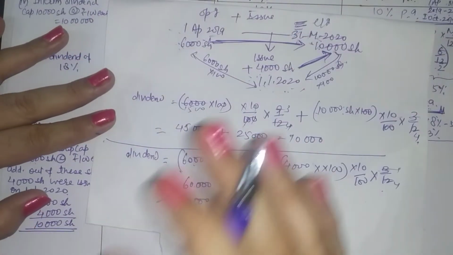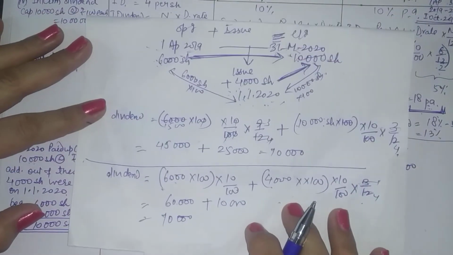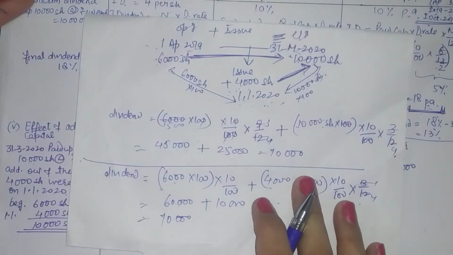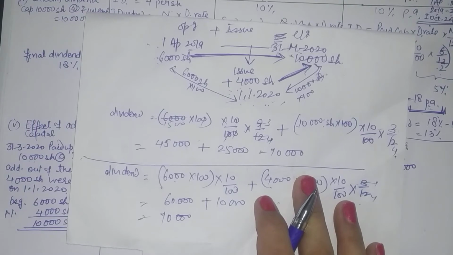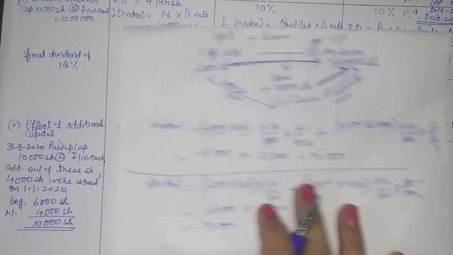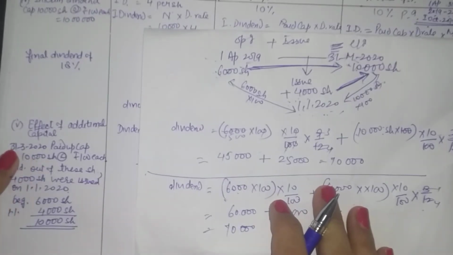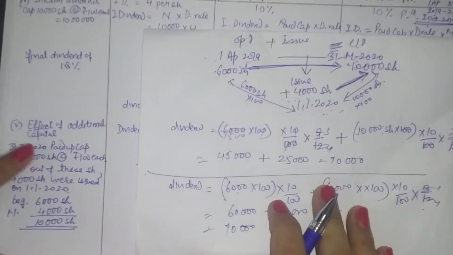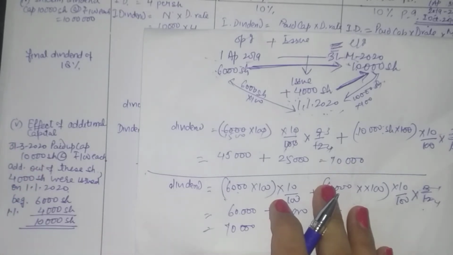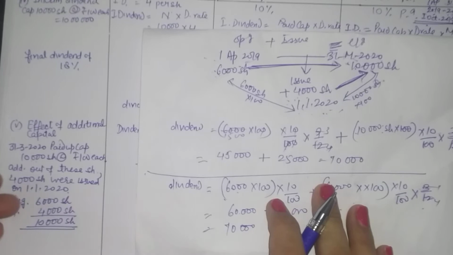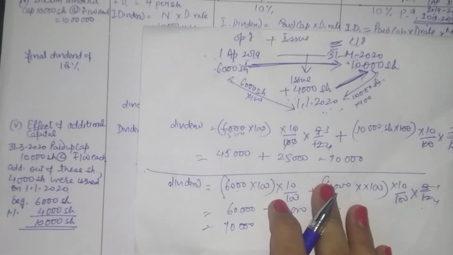Another benefit of making a timeline is that when we make a timeline, we can never be wrong in our calculations regarding the amounts. Now suppose in place of this, it was say 1st April 2019, paid up capital of 10,000 on 1st April. Now sometimes students get confused, should we add 4,000 or should we subtract 4,000?